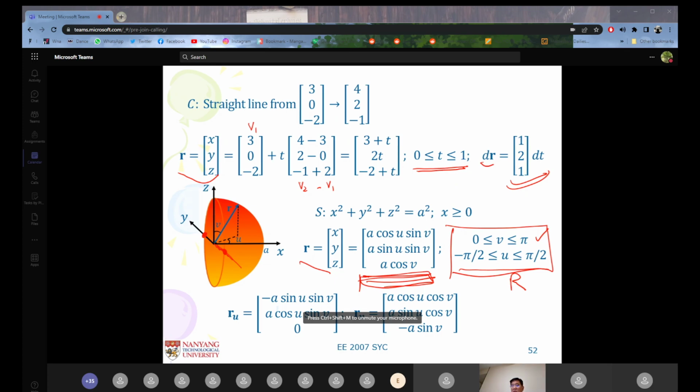So the integration with respect to R now: the curl of F is only in terms of U and V, and then you have to multiply by dA, which is the normal that you computed. You need to identify which normal you use, and then times du dv.